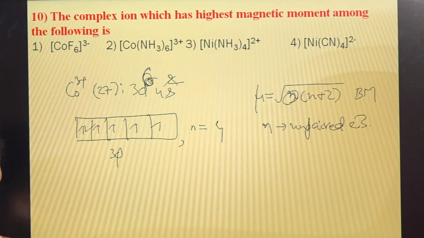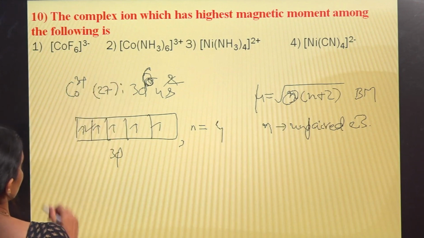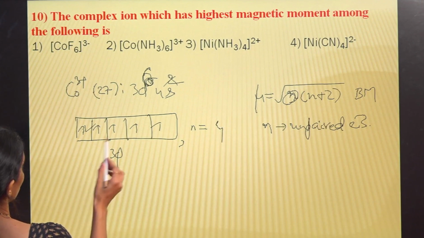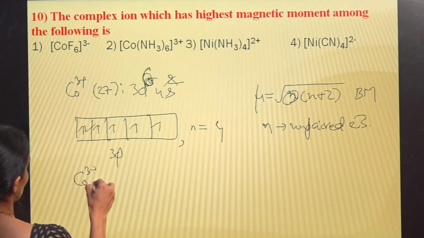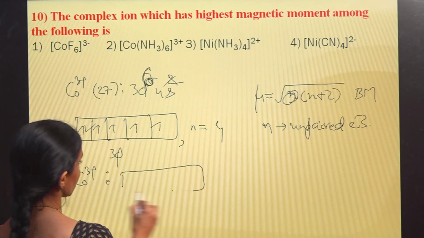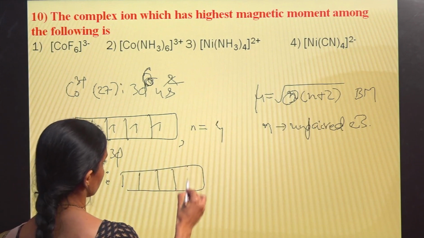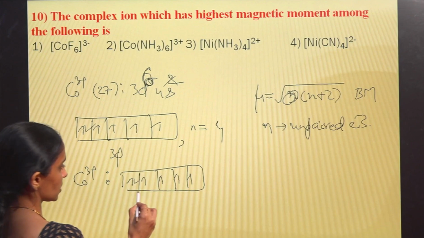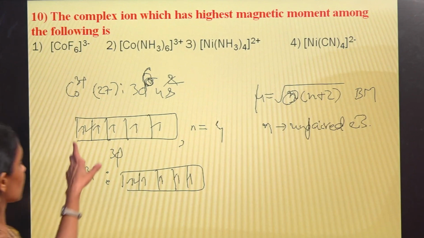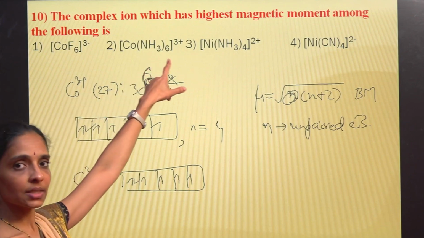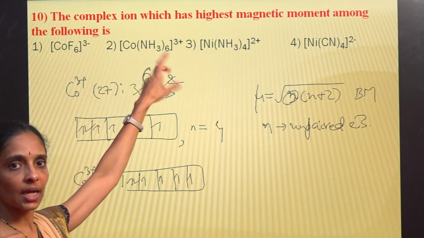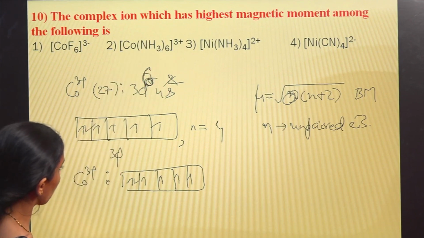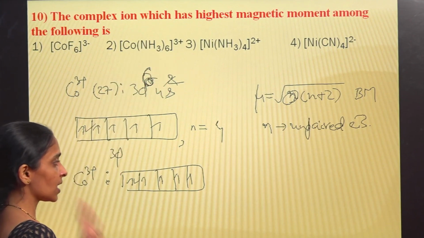Okay, n is 4. In the second complex, which is also Co3+, the box diagram comes like this: 5 electrons, and the sixth one paired. But the thing is, amine ligand with respect to cobalt is a strong field ligand.